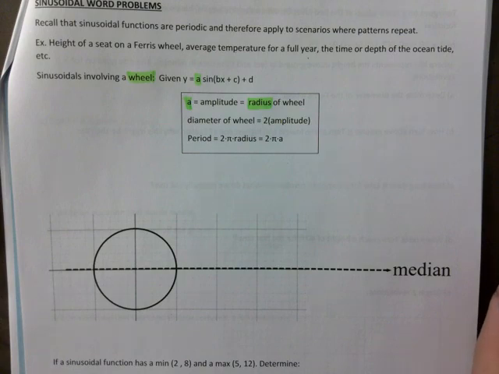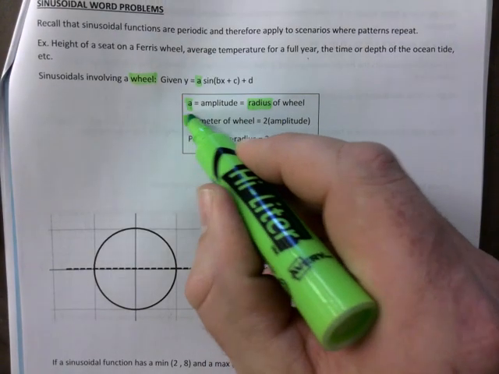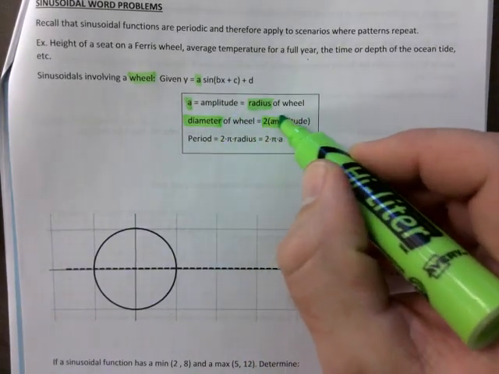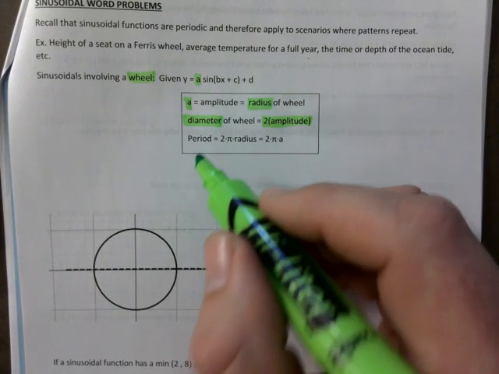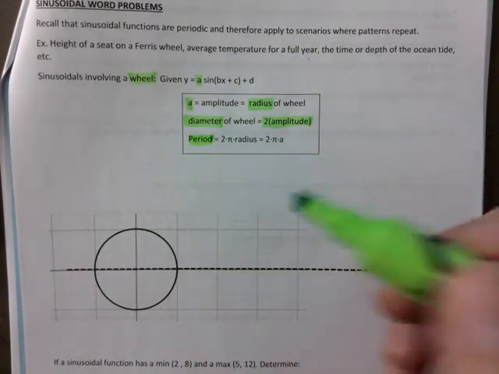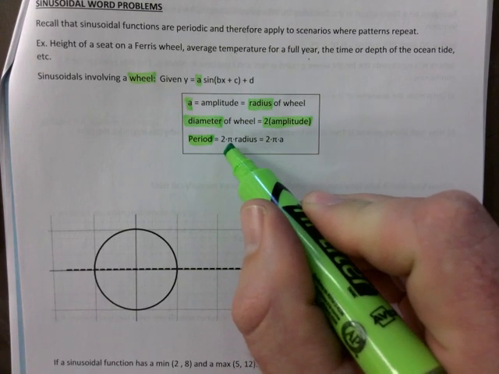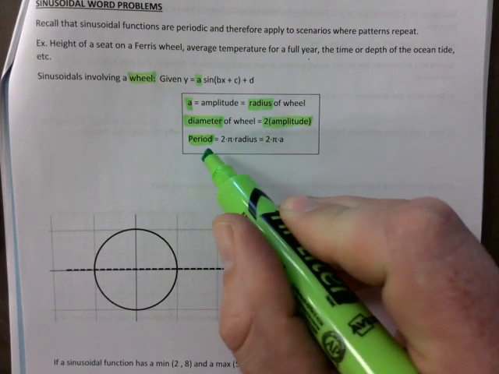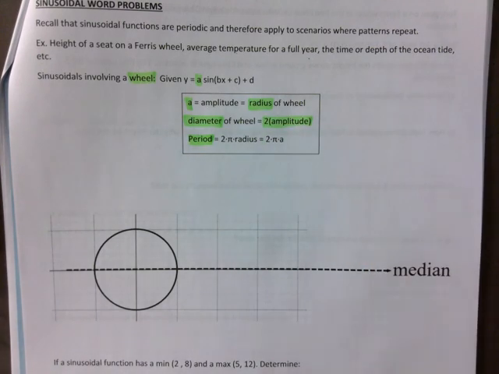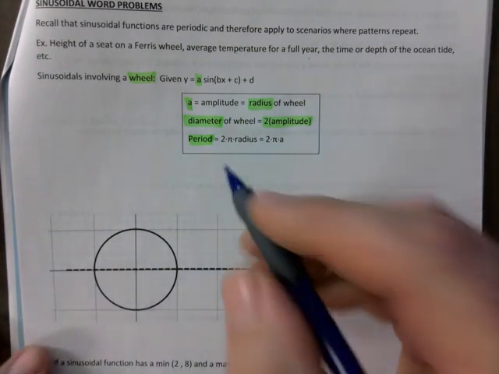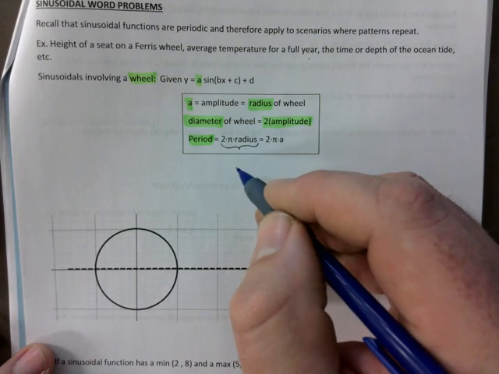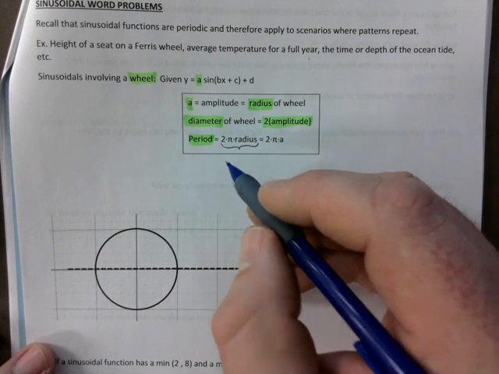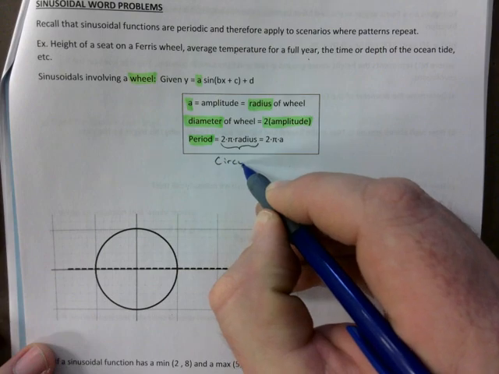Therefore, wouldn't it stand to reason that the diameter would just be 2 times A, 2 times the amplitude, right? And obviously the period, therefore, would actually be 2 pi r. Remember, 2 pi r is what for us in the circle world? 2 pi r starts with a C. Circumference.